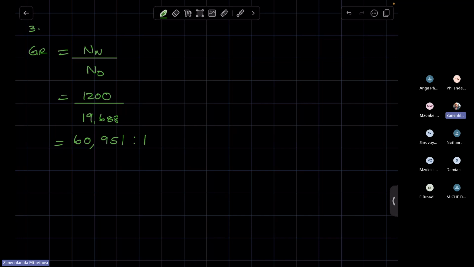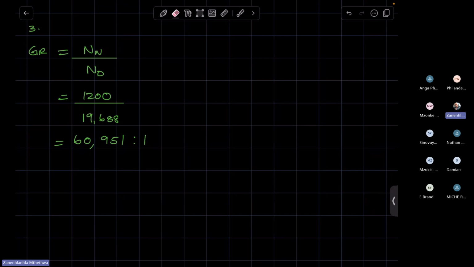So this is going to be is 1. Remember your gear ratio, you must make sure that you have the is 2. So for this case, it's going to be is 1. As you can see, the gear ratio is 60,951, which is not normal for a gear ratio, but very normal for a gear system that has used a worm and worm wheel.